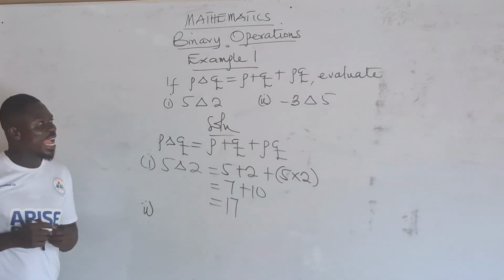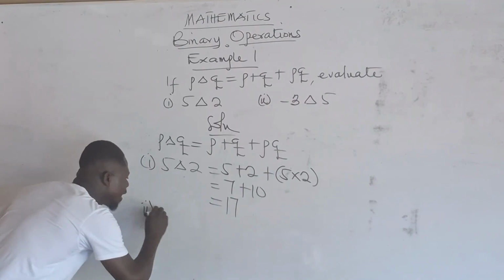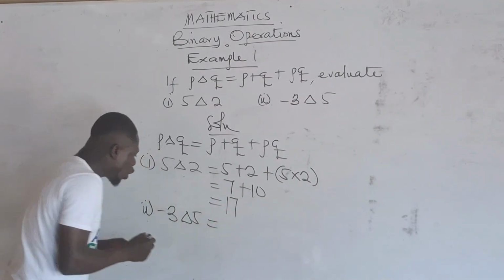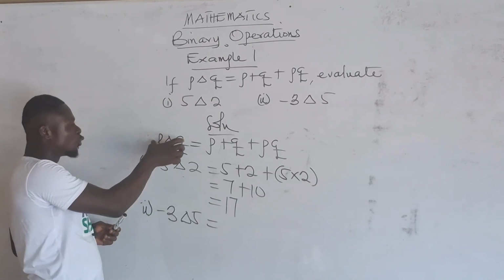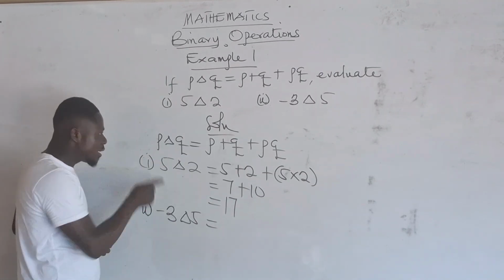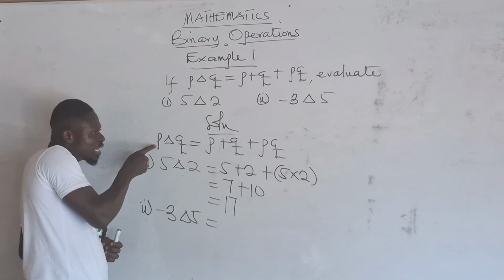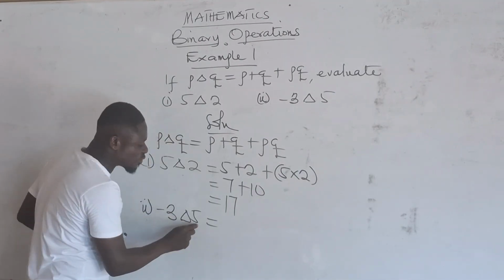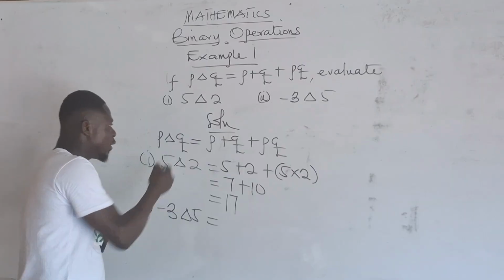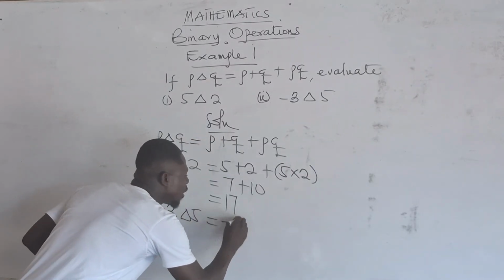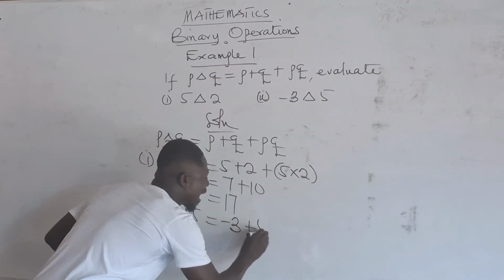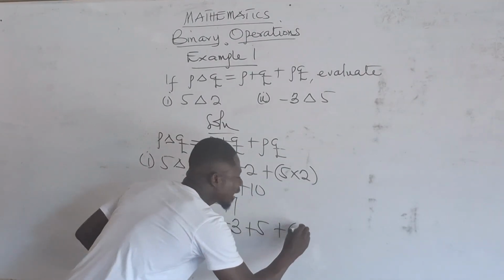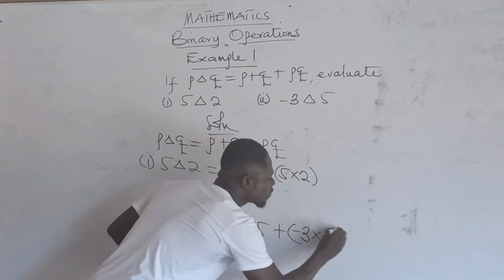Let's consider the II. In the II, we have negative 3 delta 5. Comparing this one to the general rule, we can see that first, so therefore our P is -3, our Q is 5. By substitution, we are going to have -3 plus 5 plus multiplying this by this will be -3 times 5.